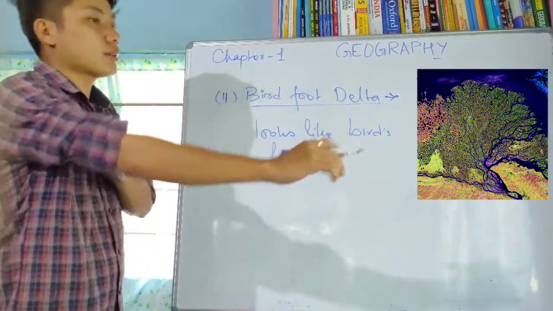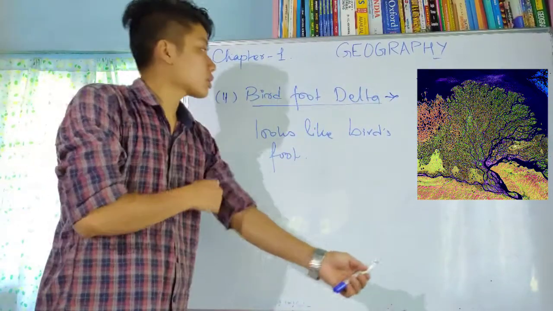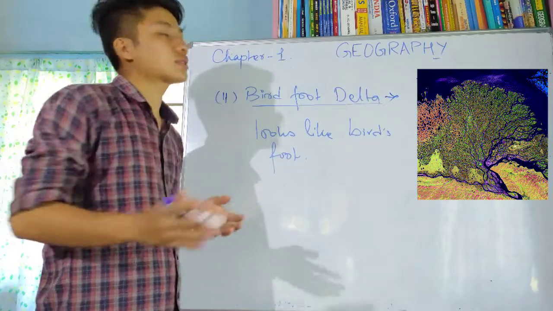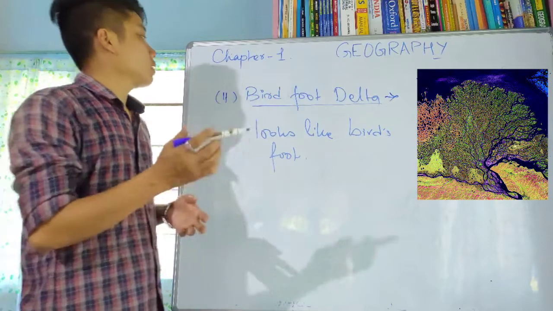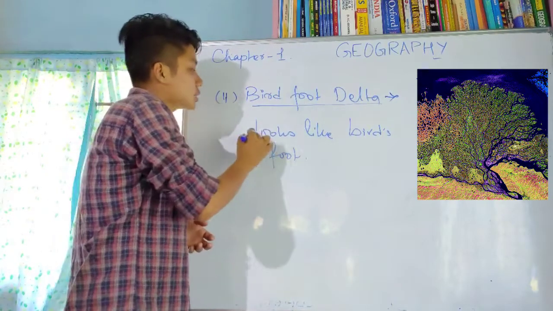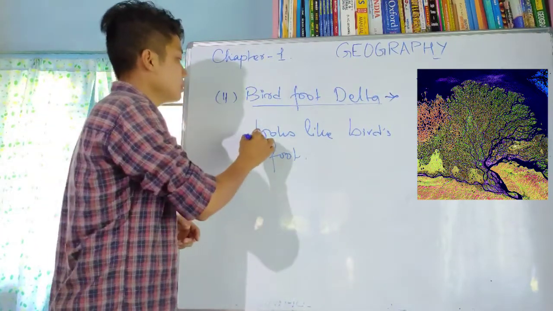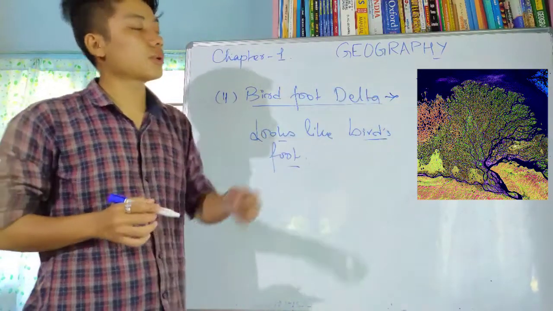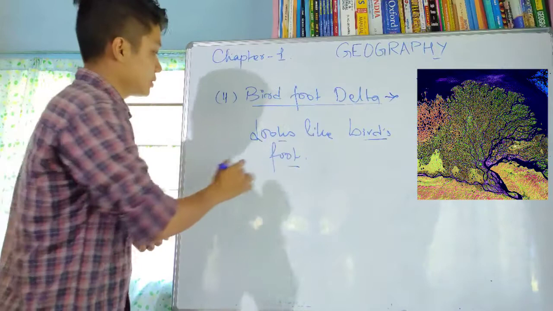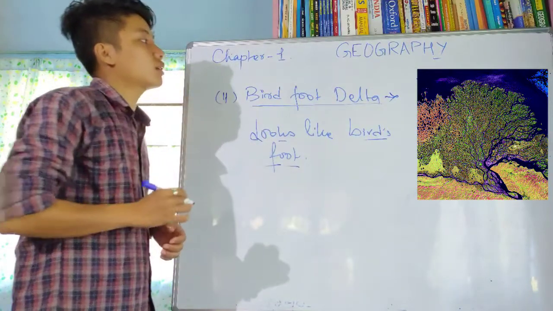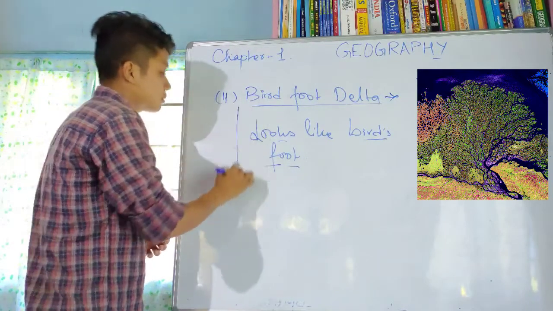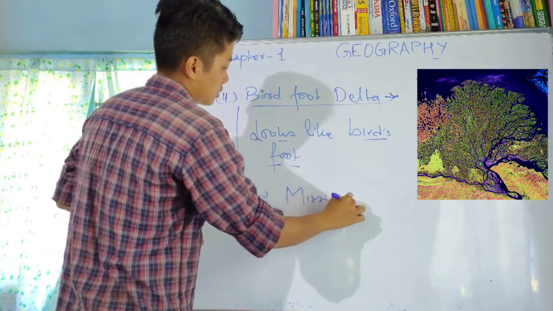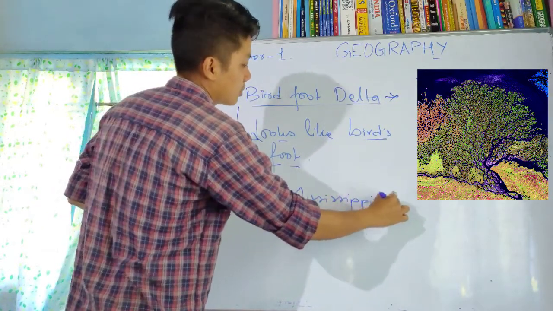It's a depositional feature in the lower course of the river when the river meets the ocean. We can recognize it from the name itself, it looks like a bird's foot. You can see in the picture over there, and this kind of delta can be seen in the Mississippi River system.